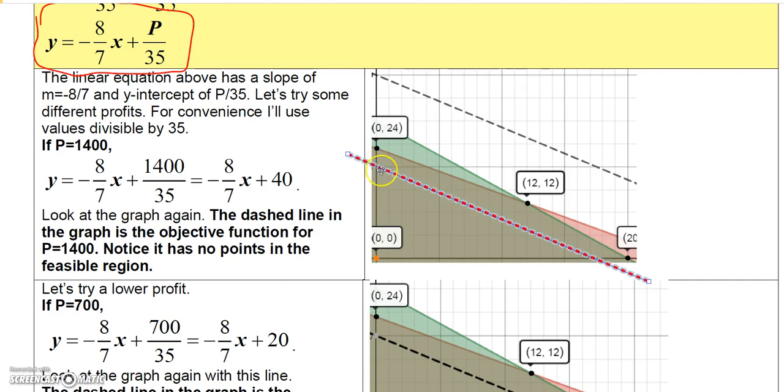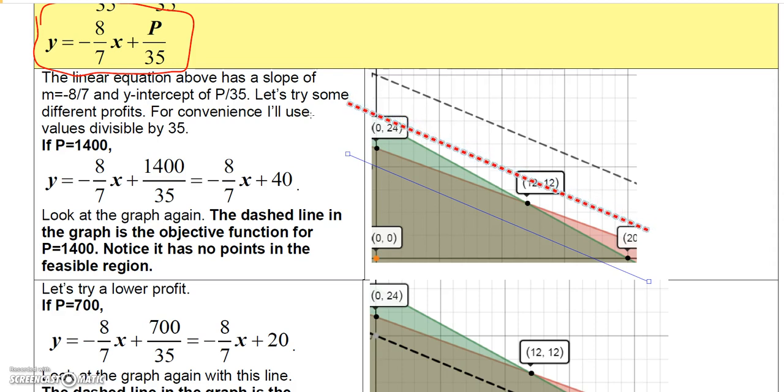Okay, so now there's lots of points in the region that fit that line, but the problem is I actually went farther down than I had to. So the question is, how far do I have to go to where I get the largest value for P and still remain in the region? So you just go low enough until you hit the region.